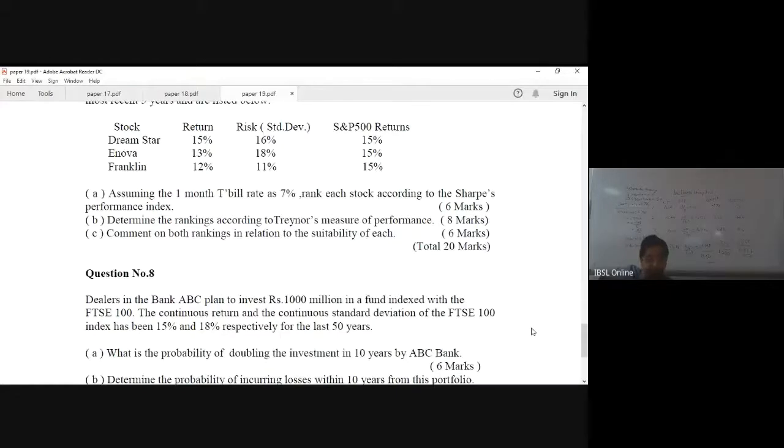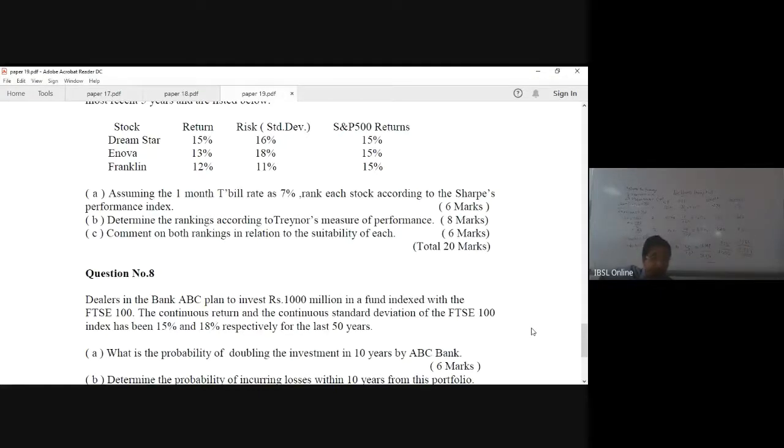But in this particular special case, if you don't have a Sharpe performance measure here, we are not in a position to select one of these stocks or identify any basis for selection.